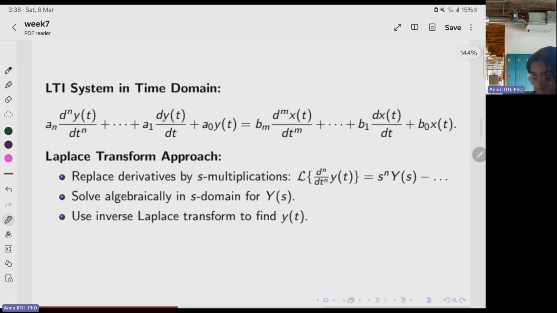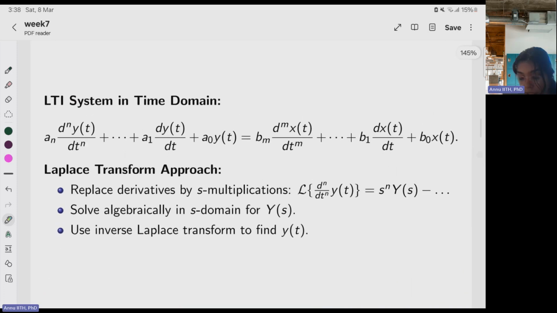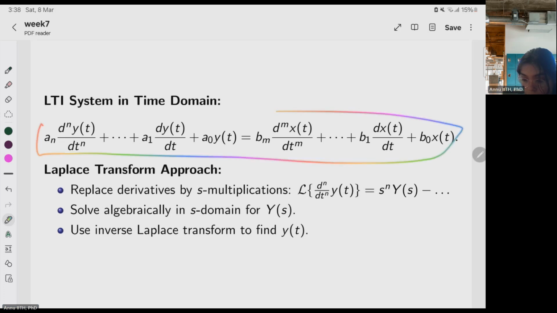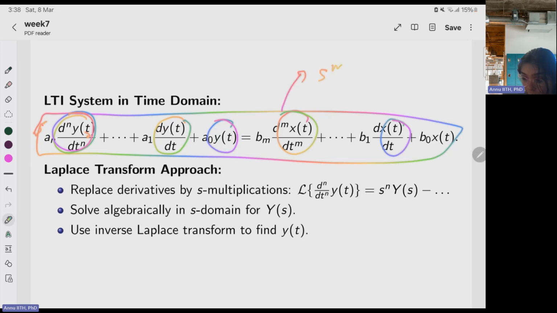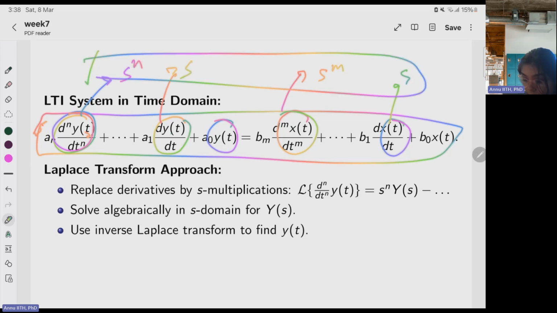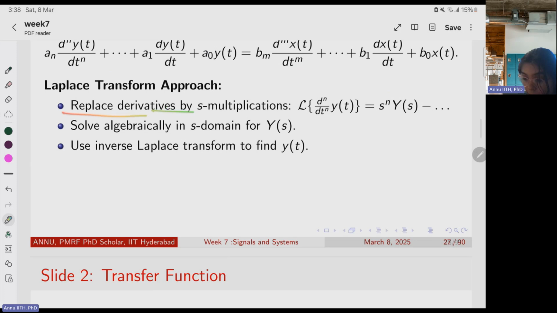An LTI system in the time domain has this particular form: the nth derivative of y(t), then the derivative of y(t), then the simple linear term, and simply x(t). The derivative leads to s^n in the Laplace transform, so replace derivatives by s multiplication.